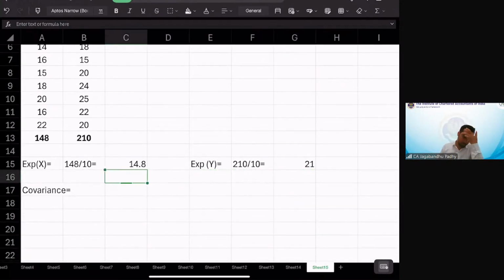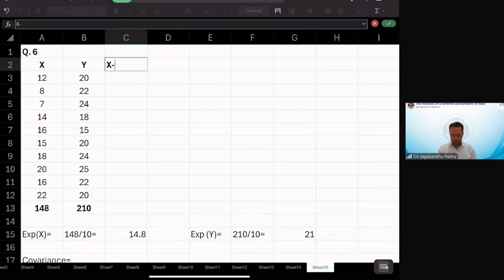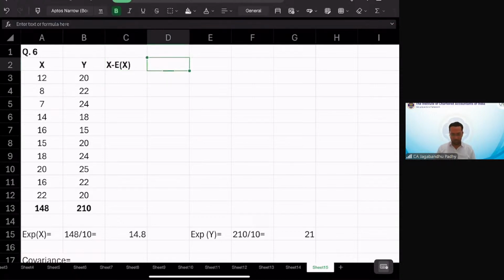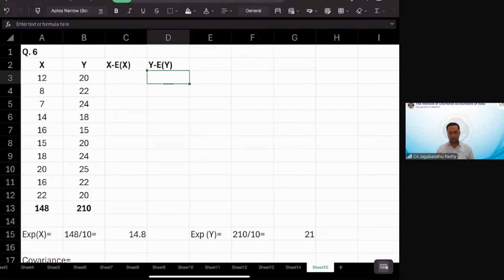So now, to compute covariance, we need to add columns of X minus X bar and Y minus Y bar. Right. So this is going to be X minus expected value of X, and Y minus expected value of Y. And of course, I need to multiply these to calculate the covariance.